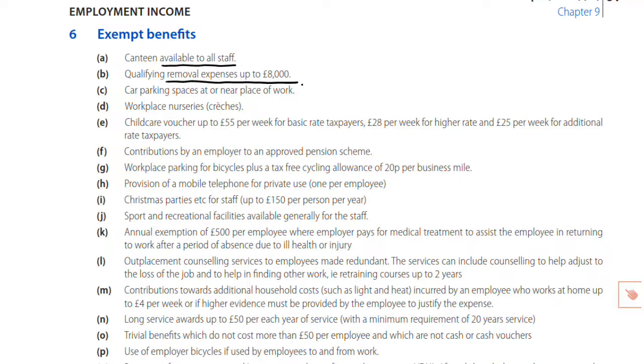If they are asking you to move, then they cover all of your removal expenses, and let's say the amount that you have incurred is £10,000, and they pay the £10,000. What will happen here is that if you've received £10,000 in relation to the expenses incurred, you get to deduct £8,000 against that. That would still leave you with a £2,000 assessment.